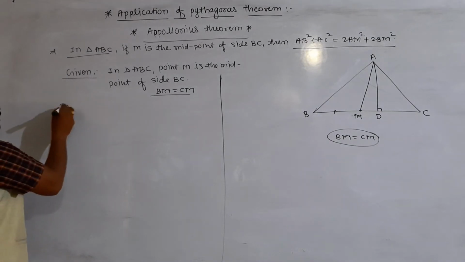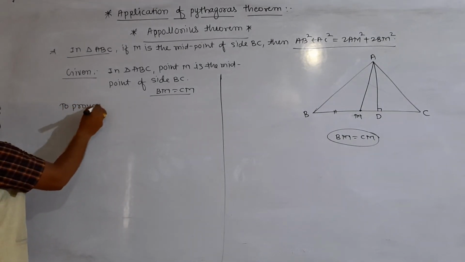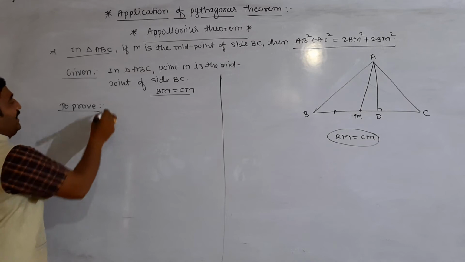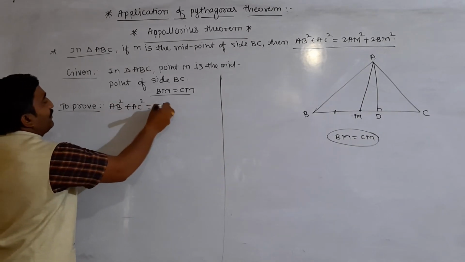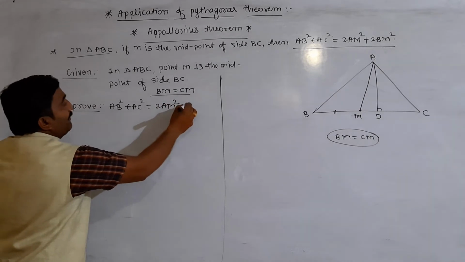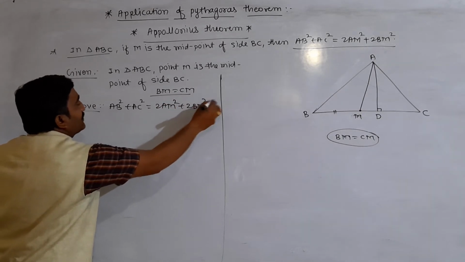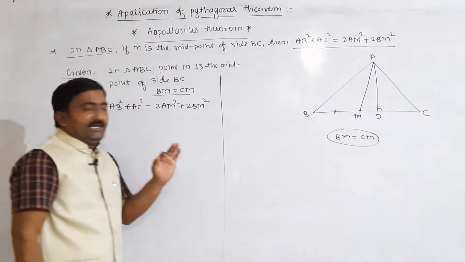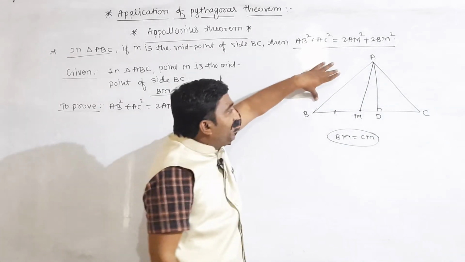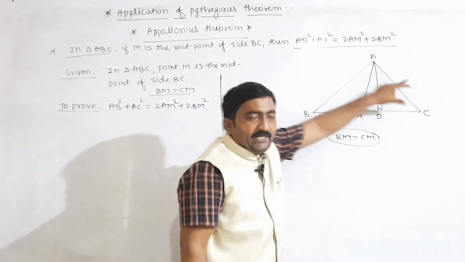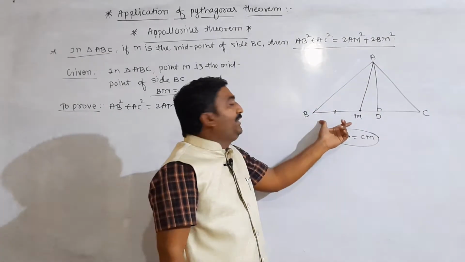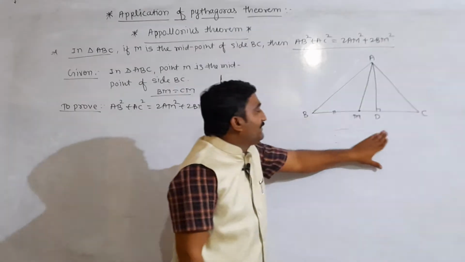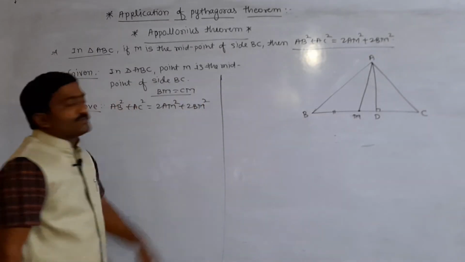Then we have to prove AB square plus AC square is equal to 2AM square plus 2BM square. Try to understand carefully.